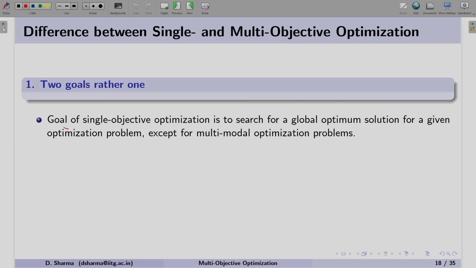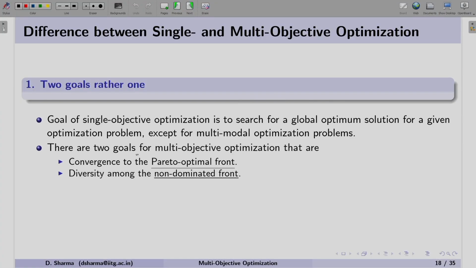So, the goal of single objective optimization is to get a global optimum solution for a given optimization problem, if we do not consider the multimodal optimization problem. Multimodal we discussed in the very first session of this course. If we remove that, every time we are looking to generate a global optimum solution for the given problem.